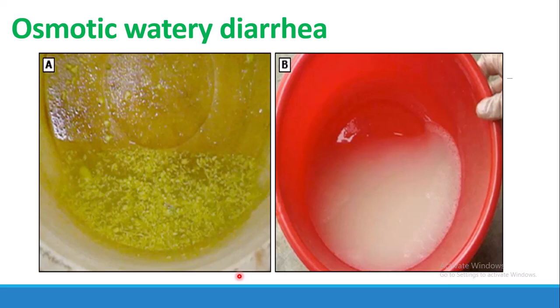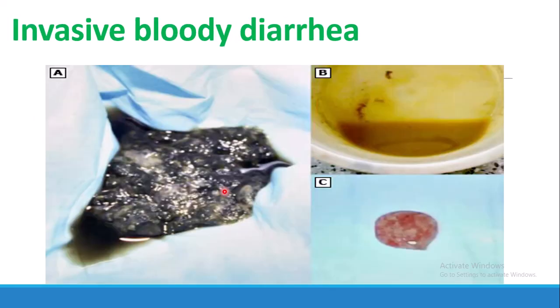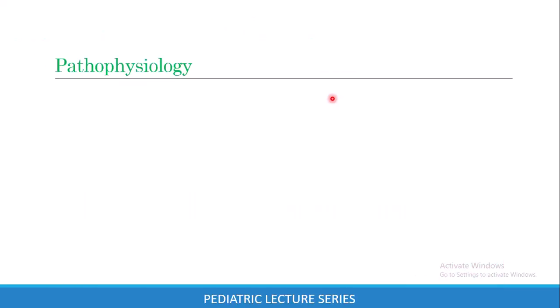These are slides showing watery diarrhea and consistent with some particles, and you see that there is no blood. However, when you look at this invasive, you realize that it is blood stained here and then even in this slide.